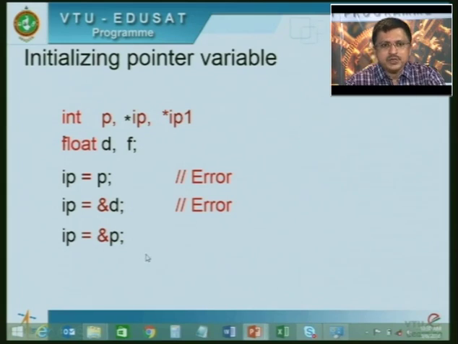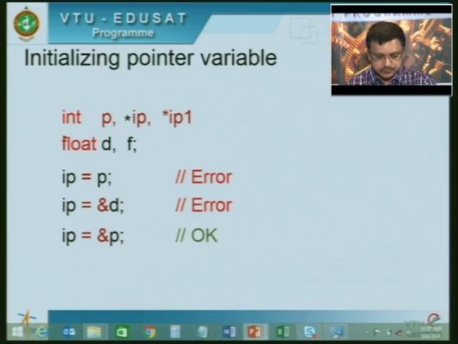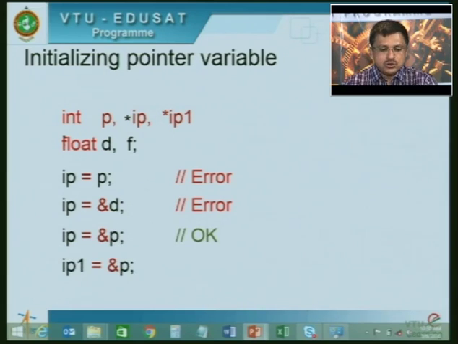The third one, IP is equal to ampersand P. IP is the integer pointer, P is the integer variable, ampersand is the address of operator. This looks a well constructed C statement. So, this is absolutely okay. IP1 is equal to ampersand P is also okay.